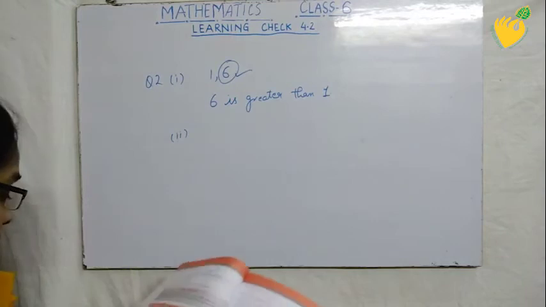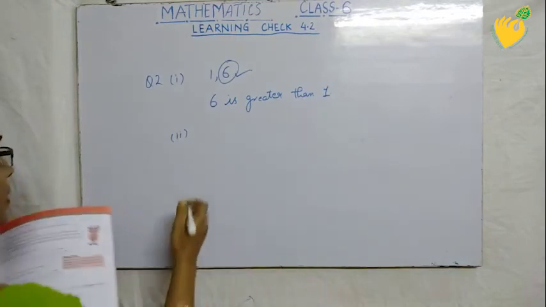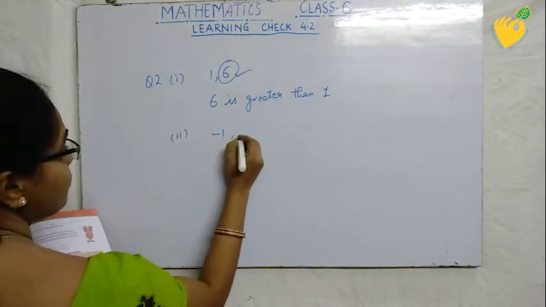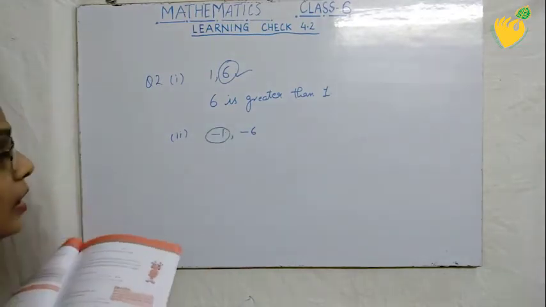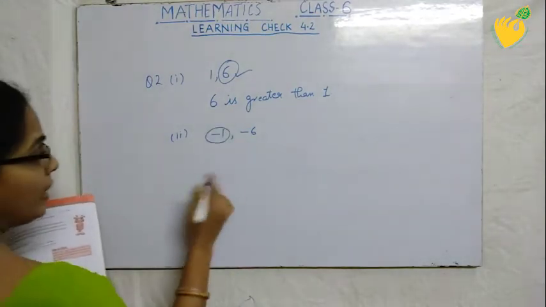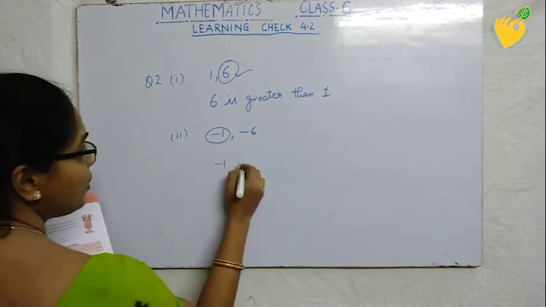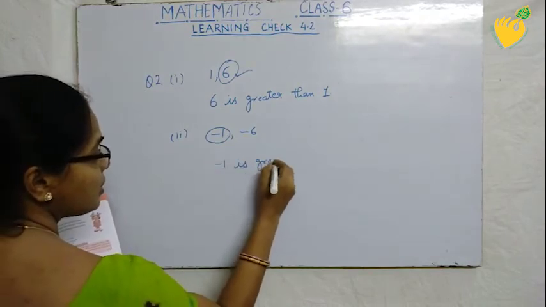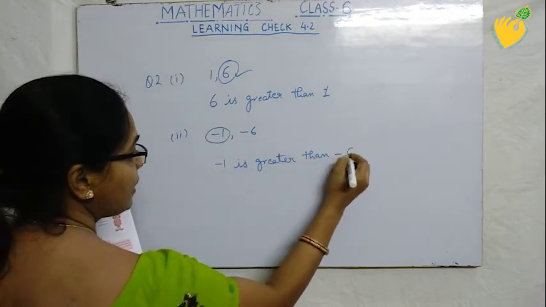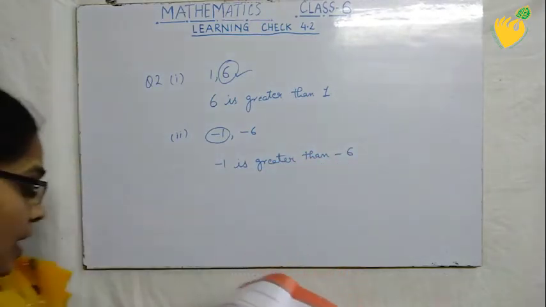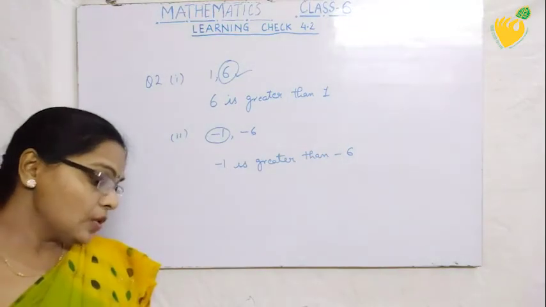In the second, students, -1 and -6, which one is greater? We all know -1 is nearer to 0 than -6. So -1 is greater than -6.